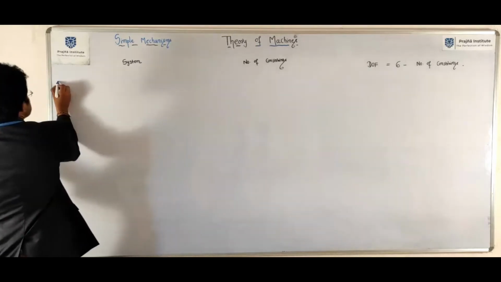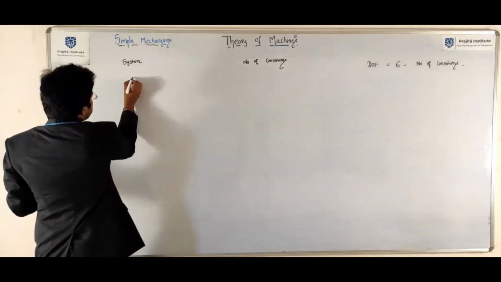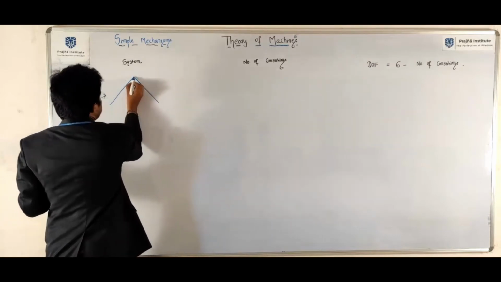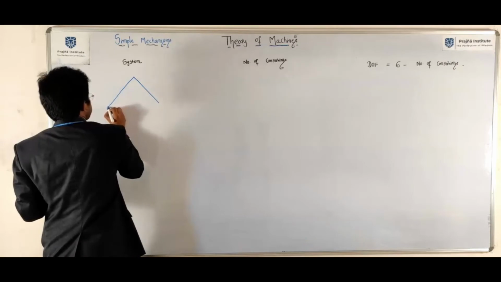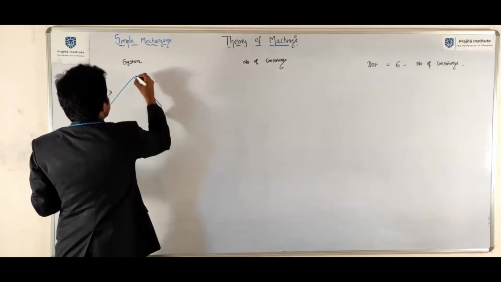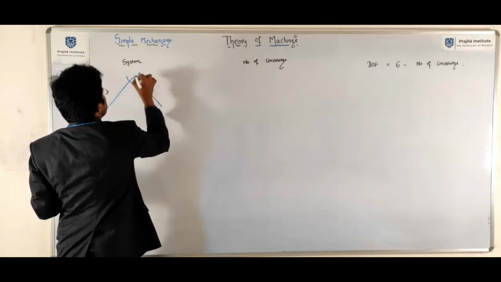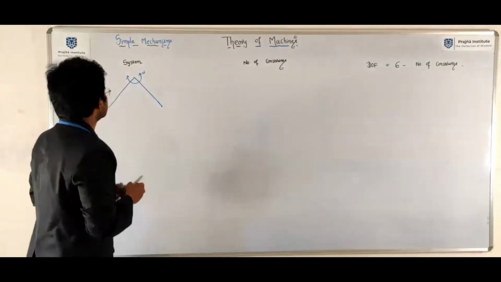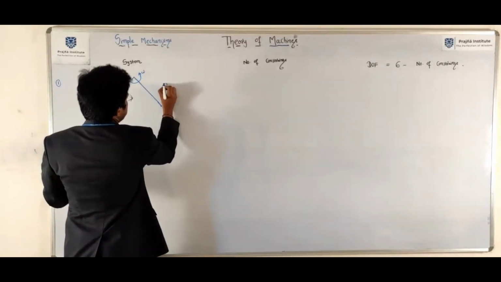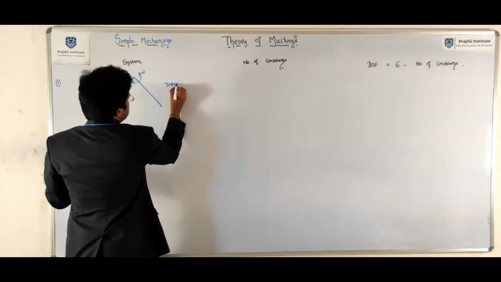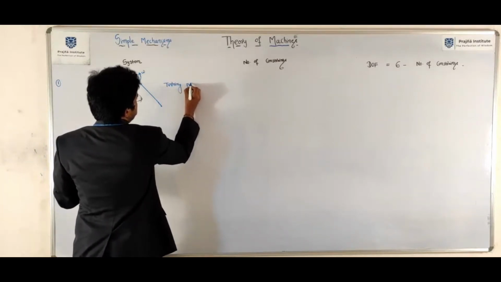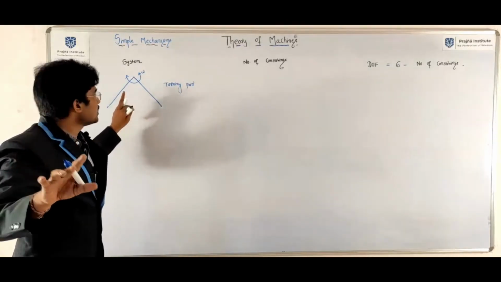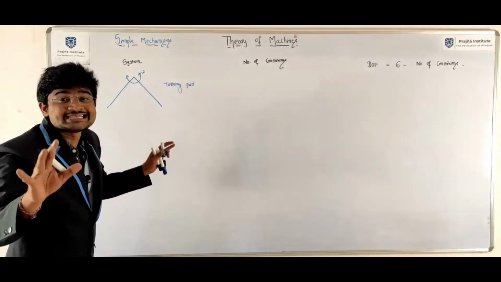See this case 1. Here only rotation is possible. So it is a turning pair. Only one rotation is allowed. Remaining all motions are restricted.